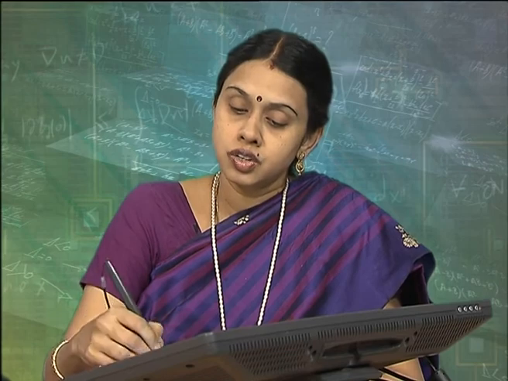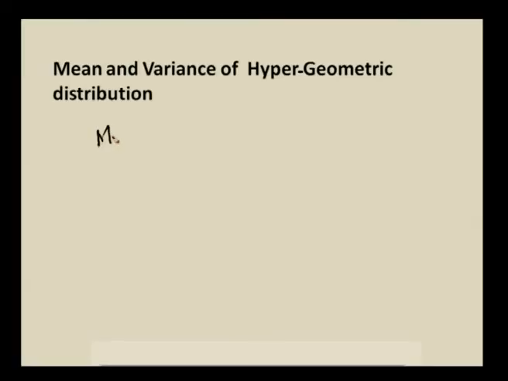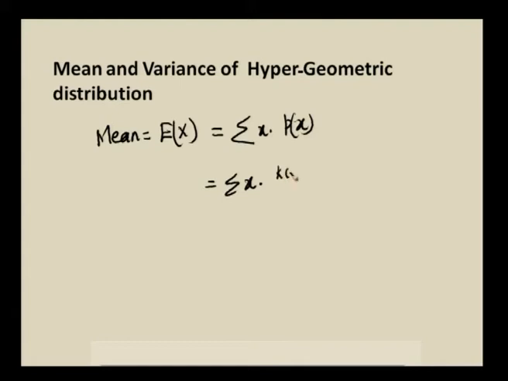First of all we will take the mean of hypergeometric distribution, which is equal to the expectation of x. Expectation of x is summation x into p of x, which is summation x into k C x into N minus k C n minus x by N C n. Expanding this, x ranges from 0 to the minimum of n comma k.